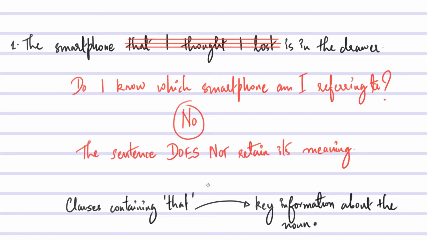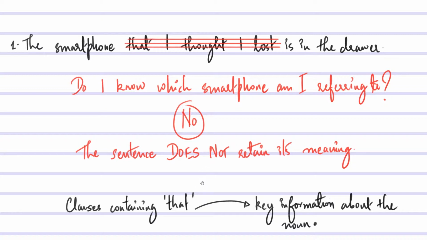Do I know which smartphone I am referring to? Will the person who is reading this or listening to this know which smartphone I am talking about? The answer is no. So, the sentence is partially losing its meaning. It does not retain its complete meaning.